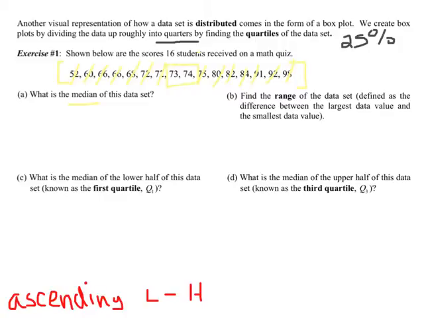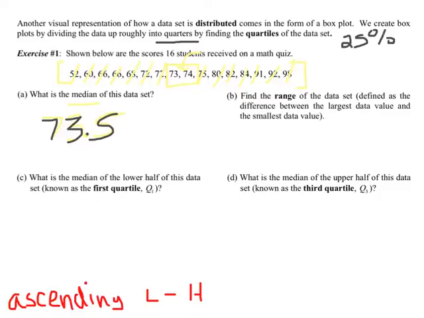What number is directly in between 73 and 74? Well, if you don't know, it's 73.5. You can always do 73 plus 74 divided by 2, which gives you 73.5.